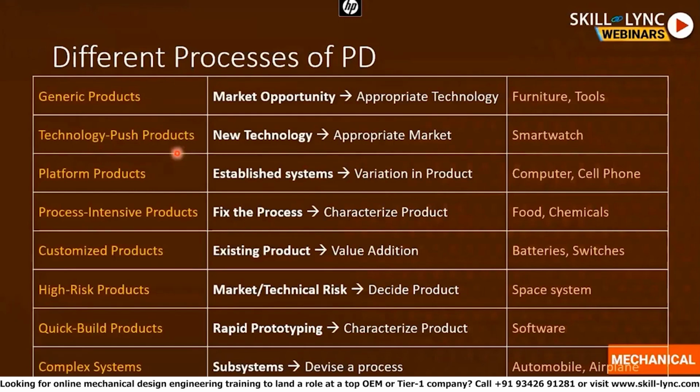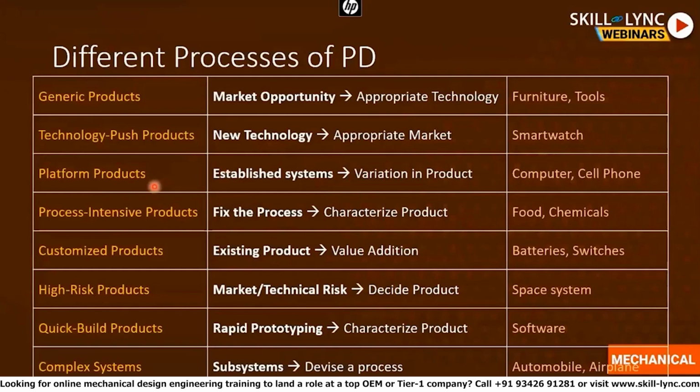So this kind of technology driven products are one of the categories. So here you first want to understand what is the technology expected by the customers. Once you make this clear, you then find the appropriate market and start producing it. So here the driving factor is which technology should be your focus.